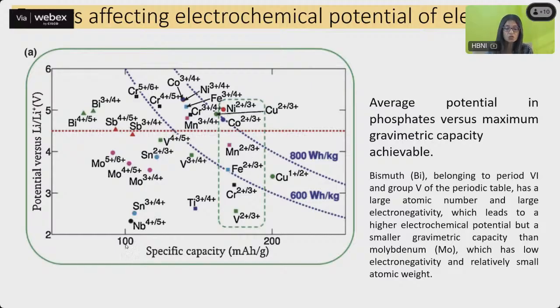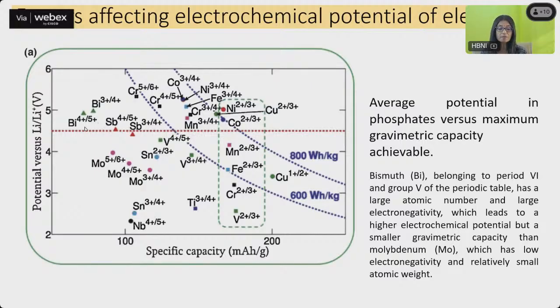Whereas if you look into your bismuth 4 plus 5 plus and molybdenum 4 plus 5 plus state over here, the potential is definitely high for bismuth 4 plus 5 plus. Why? Because bismuth belongs to period 6 and group 5 of the periodic table. It has a large atomic number and large electronegativity, and this definitely leads to a larger electrochemical potential.